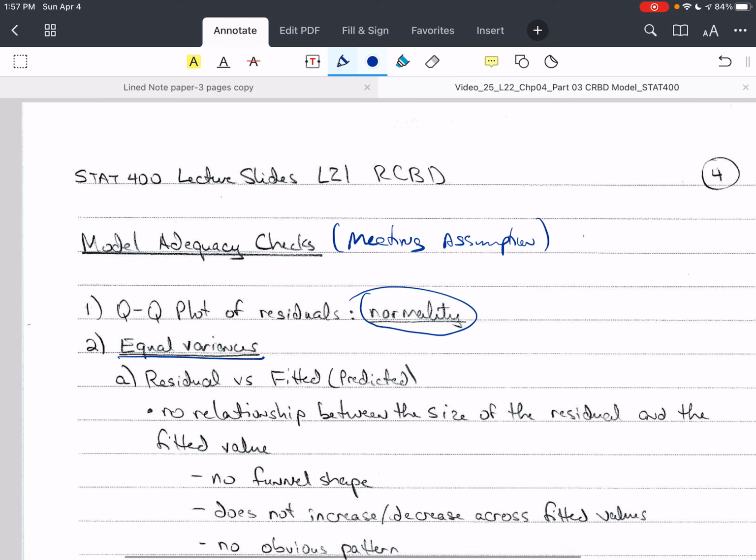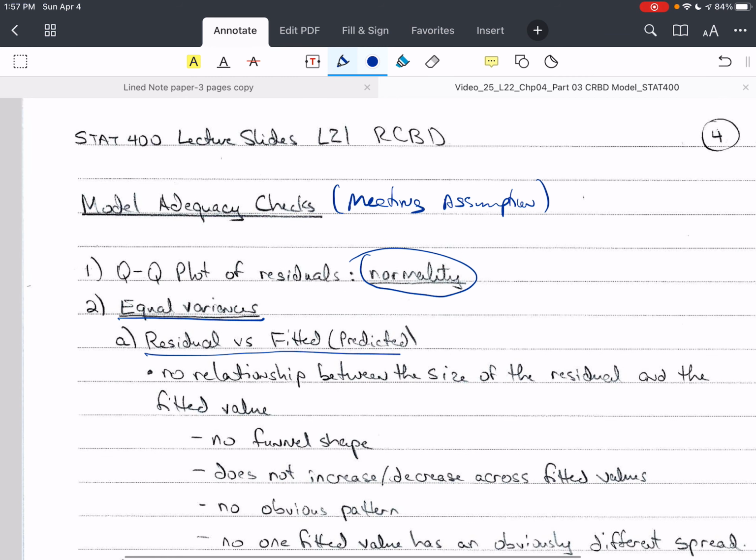And so now we have the residual versus the fitted or predicted values. And again, we don't want to see any relationship between the size of the residual and the fitted value Yij hat. Okay? There should be no funnel shape.